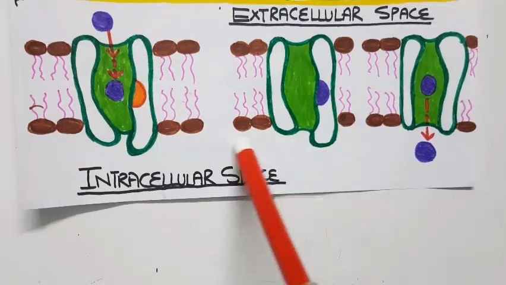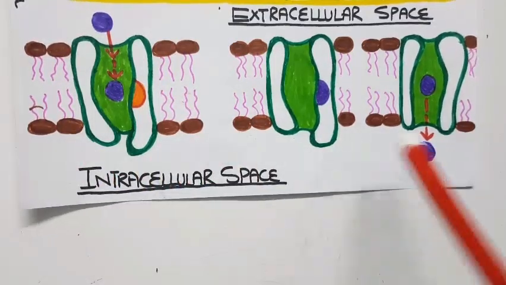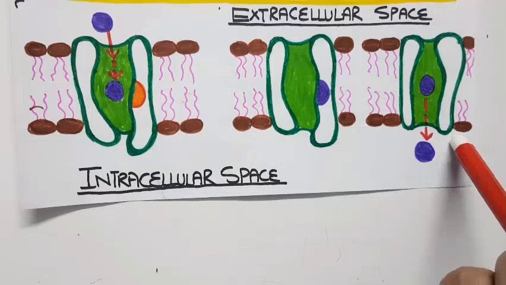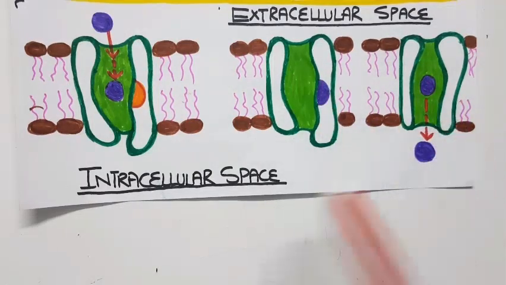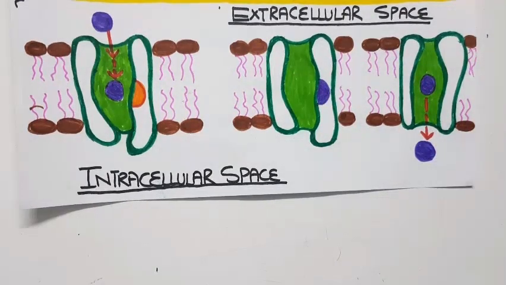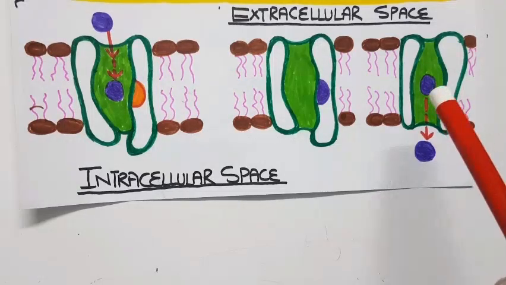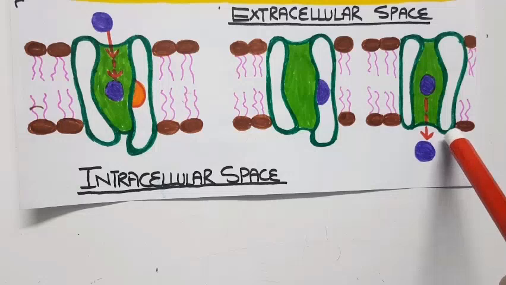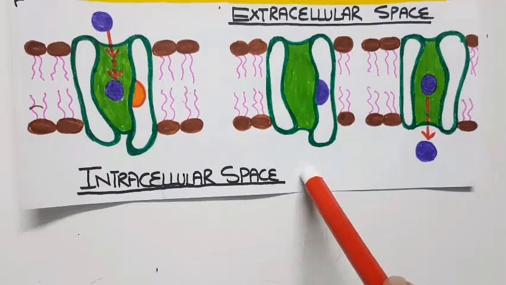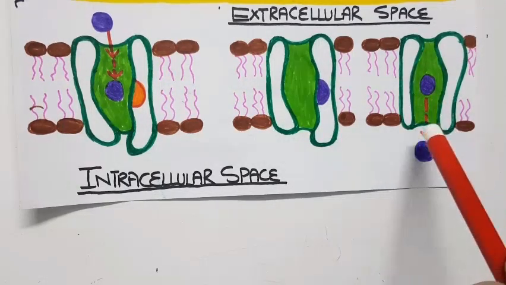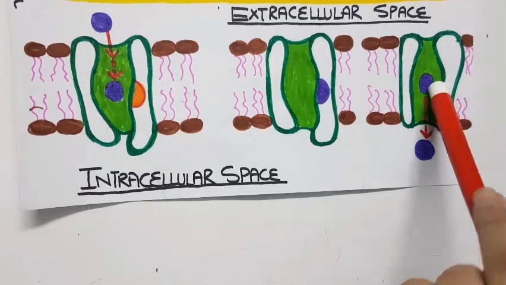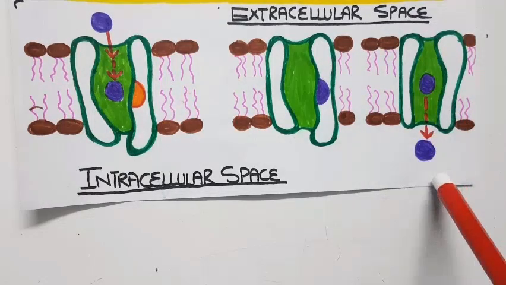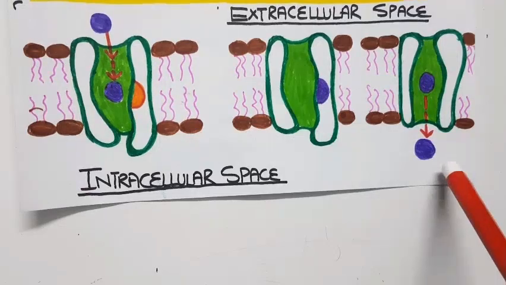When you compare the structure of these two and the structure of this protein, they are quite different from each other. The chemical bond between the molecule and the receptor site is very weak. It breaks down due to thermal motion of this molecule. The opening on the intracellular side of this carrier protein opens and the molecule is released into the intracellular space.